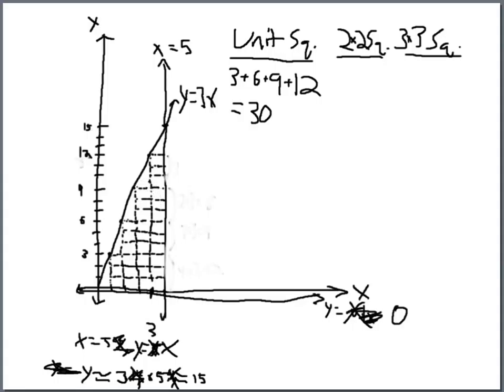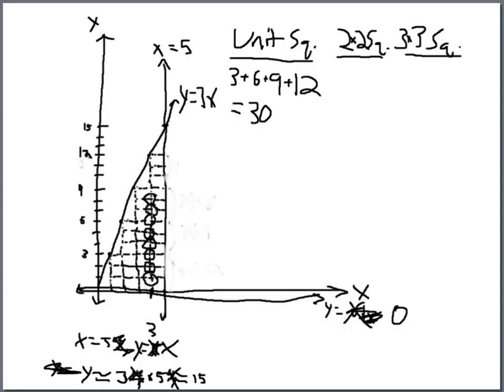So I don't know how I should really count this out, but I guess I can do this. So I'm going to count 1, 2, 3, 4, 5, 6, 7, and 8.